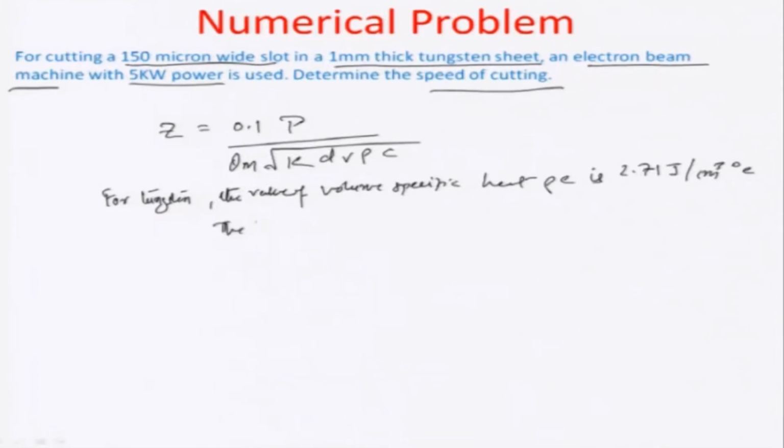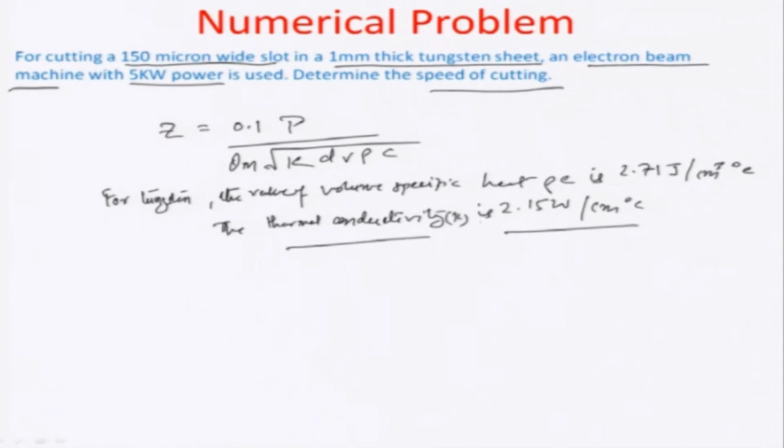The thermal conductivity is 2.15 watts per centimeter degree Celsius, and these are some material properties which can be obtained from any standard book. And the melting temperature for tungsten is around 3400 degrees Celsius.